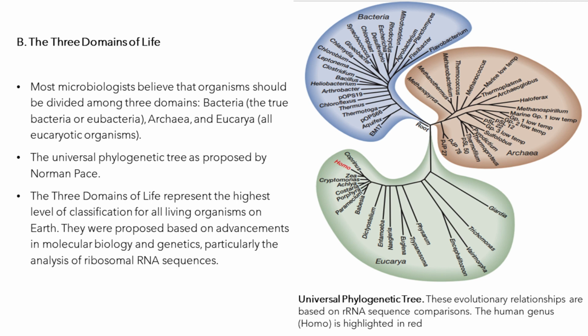This picture shows the universal phylogenetic tree representing the 3 domains of life: bacteria, archaea, and eukarya. These evolutionary relationships are based on RNA sequence comparisons. The human genus Homo sapiens is highlighted in red.